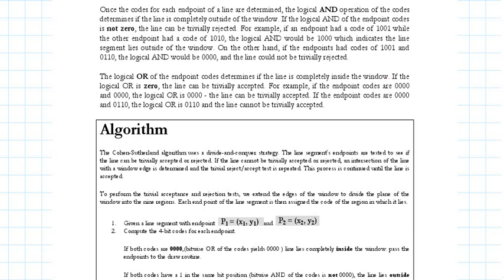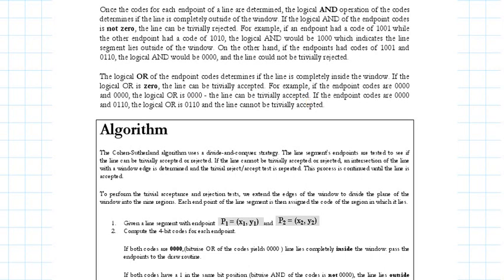Actually, here a mathematical way has been established to follow that trivial acceptance statement. If the logical OR is 0, the line can be trivially accepted. For example, if the endpoint codes are 0000 and 0000, the logical OR is 0000. The line can be trivially accepted.